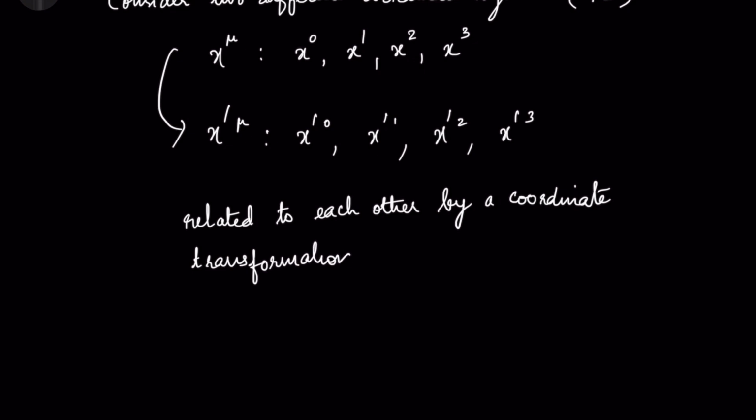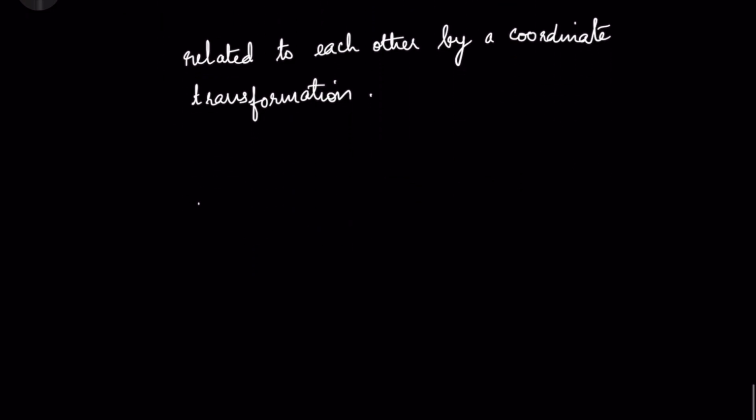And I will write that relation as x prime mu is a function of the unprimed coordinates x0, x1, x2, and x3. So the primed quantity is a function of unprimed quantity, right?